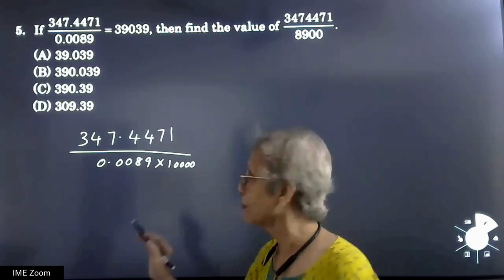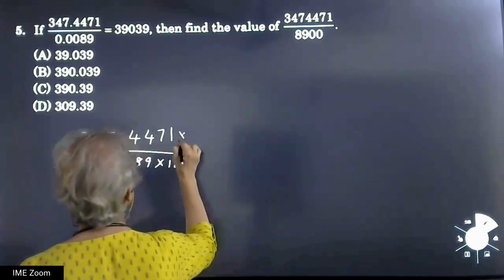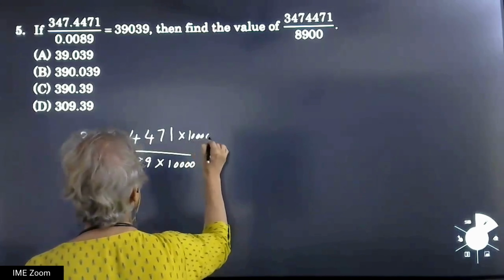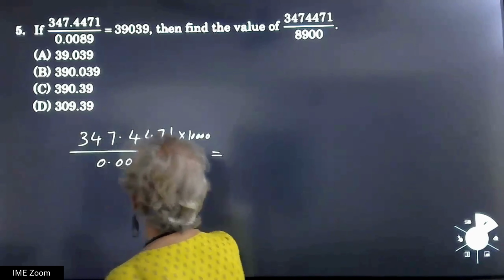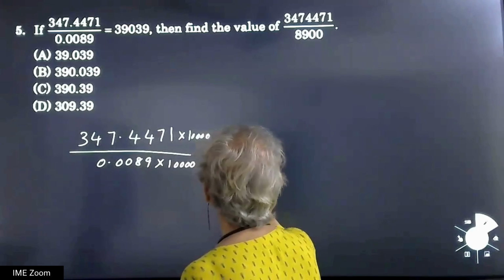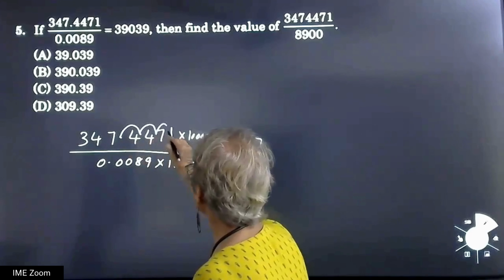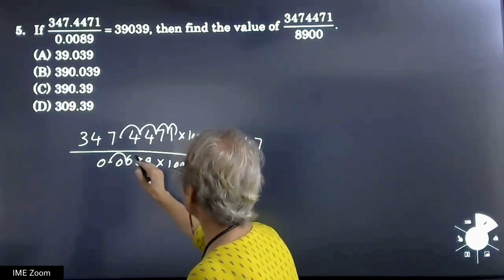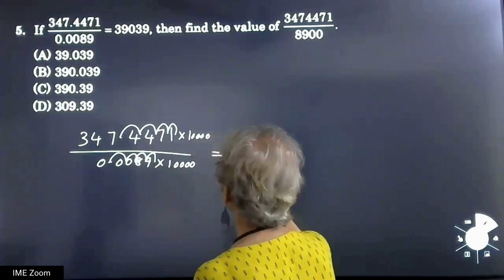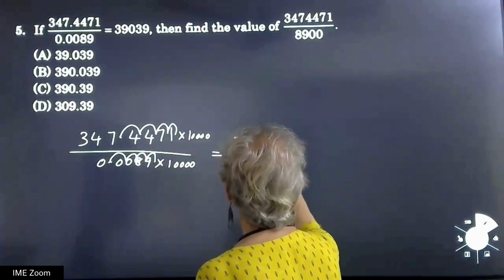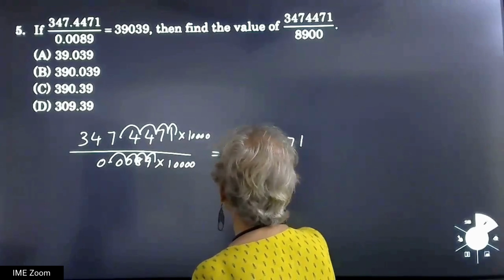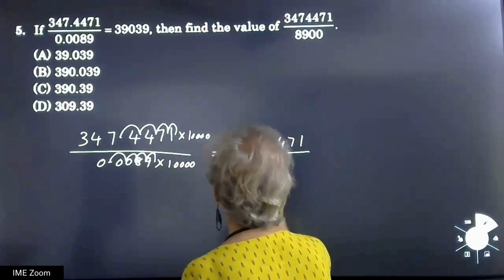But the same thing is to be done here. And then what will happen? The decimal point will go. 3, 4, 7. Here also 4 digits. 1, 2, 3, 4. And therefore 3474471 upon 89.